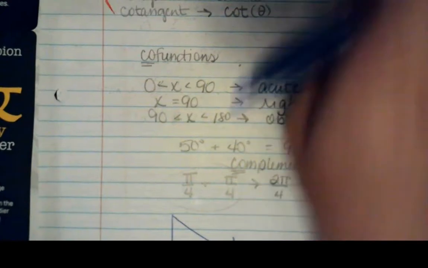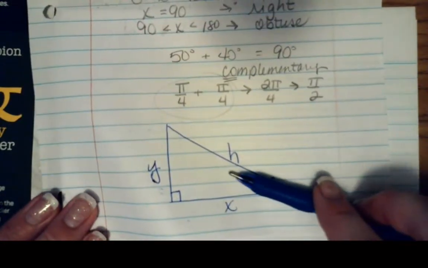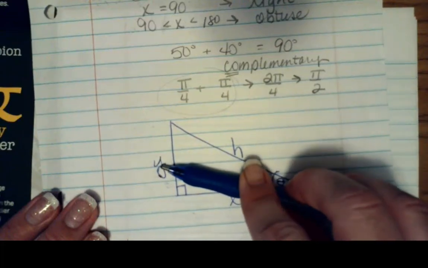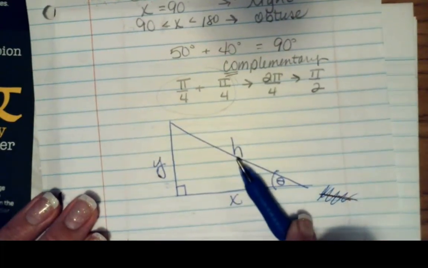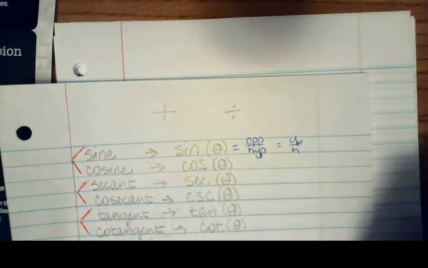Now you'll notice that the way I wrote this angle measure opens up to an opposite side of y. Okay, so that's y. Over h, your hypotenuse. So I can be a lazy math person, and I can also say that this is just y over h.